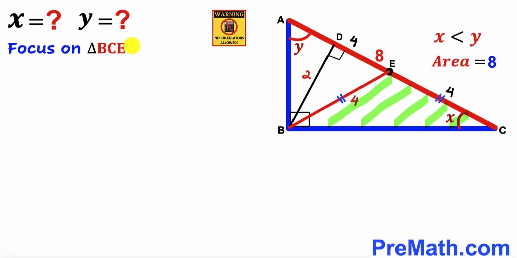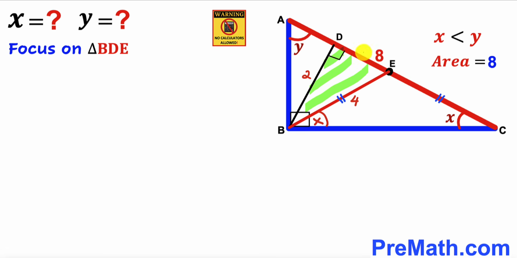Now we are going to focus on triangle BCE. We can see this is an isosceles triangle, since this side length equals this side length. So this angle must be congruent to this angle. We know this angle is x, so this angle has got to be x as well.